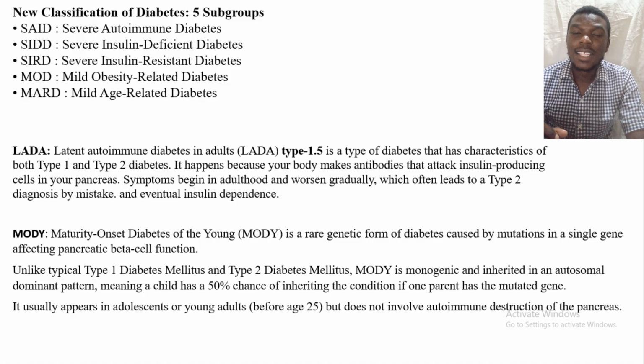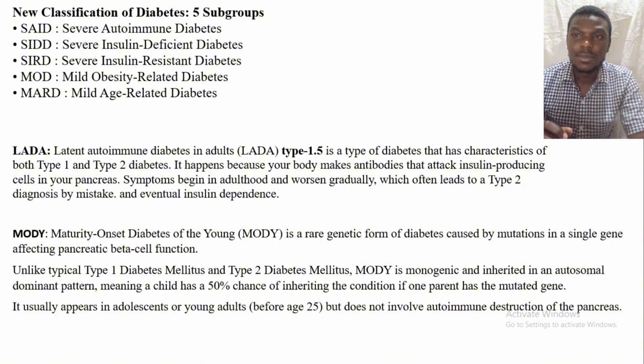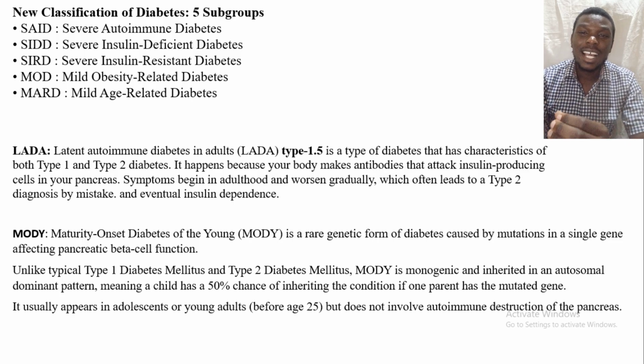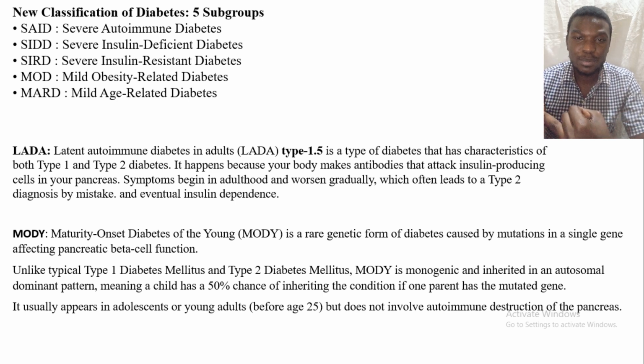So the other new classifications of diabetes. These are subgroups. There are 5 subgroups, and these subgroups explain more on the type 1 and type 2.